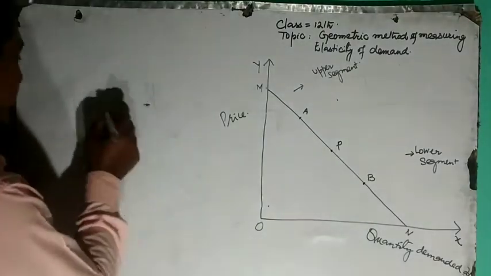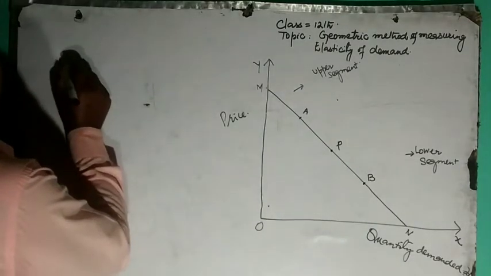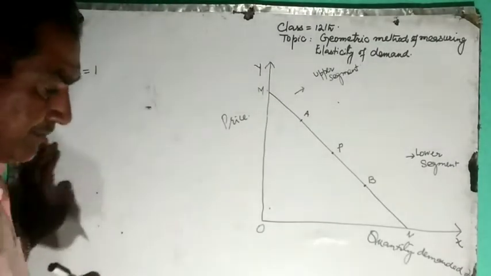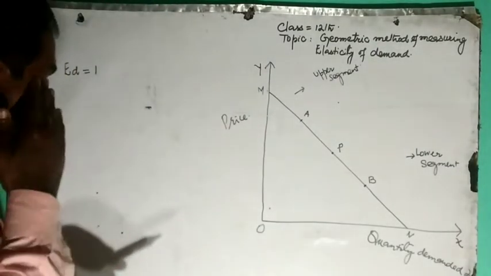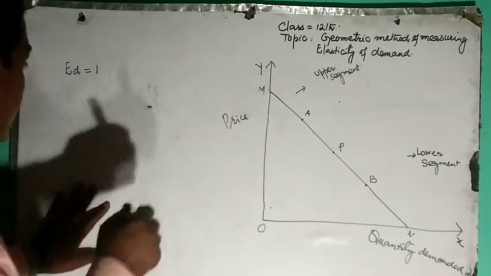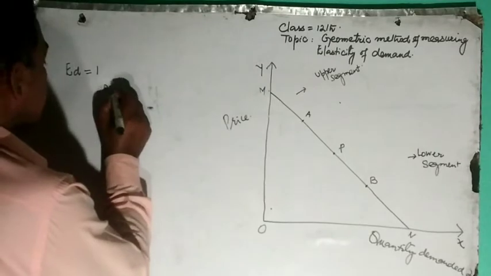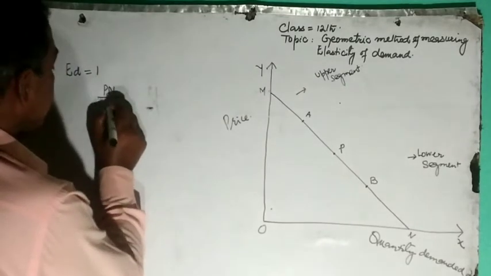When elasticity of demand is equal to 1, it is Pn divided by Pm.